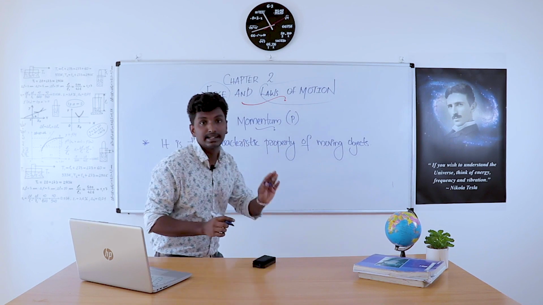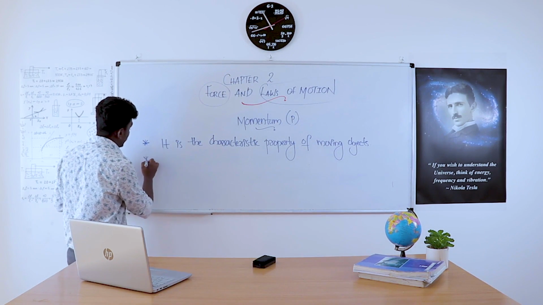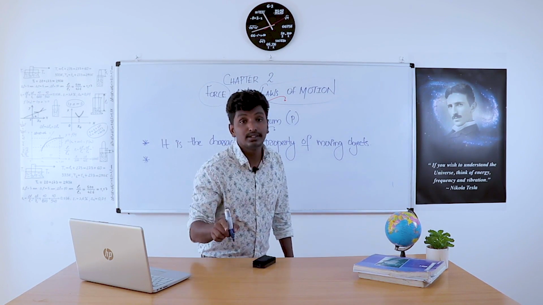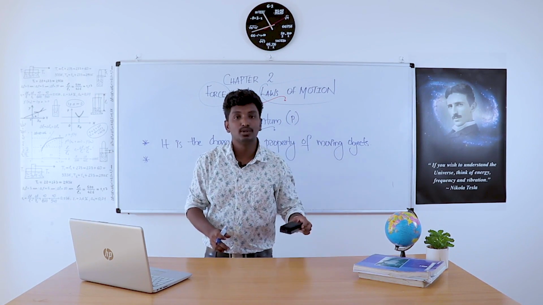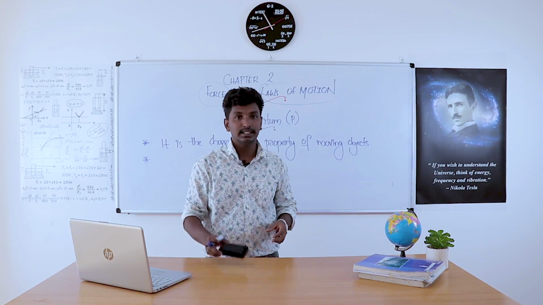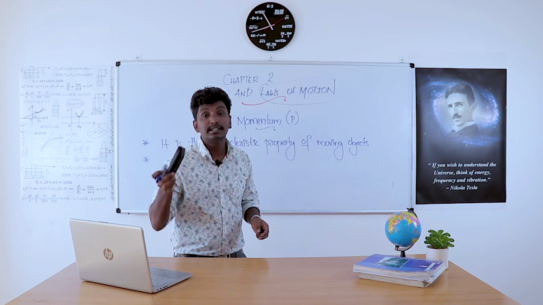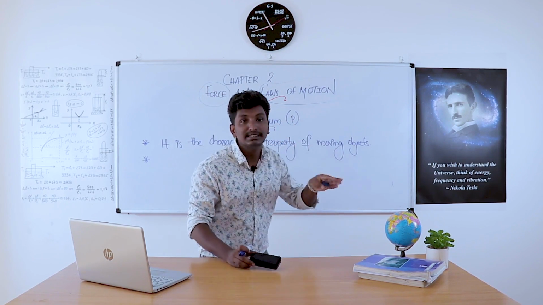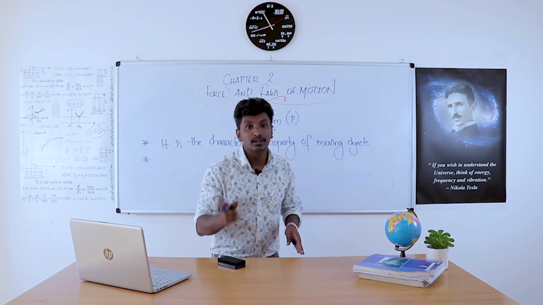Momentum is the characteristic property of moving objects. Now we have to define what momentum is. Momentum can be defined as the product of mass and velocity. You all know that an object in motion always possesses a velocity, and every object has a mass. That mass multiplied by velocity gives this term momentum. That means it can be defined as the product of mass and velocity.